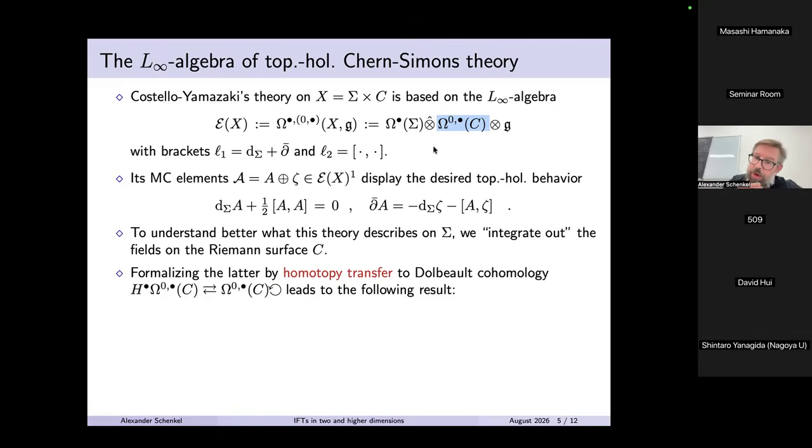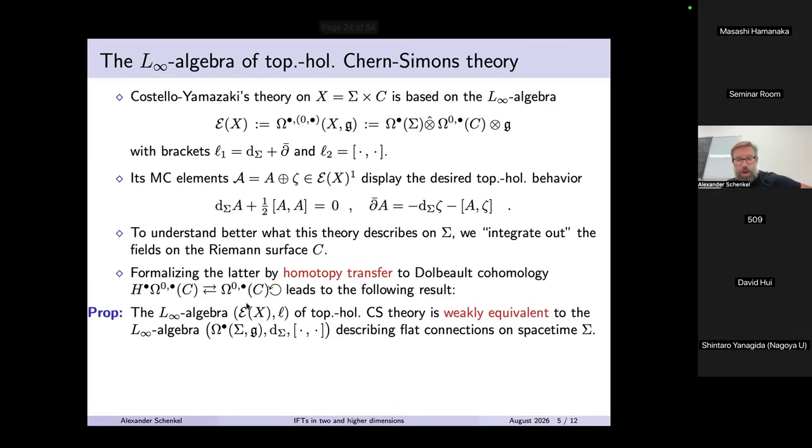But deformation retracts on bicomplexes you can always totalize to a deformation retract along the totalization. So you get a deformation retract for the L-infinity algebra by using a kind of quite easy totalization construction and these Dolbeault deformation retracts here.